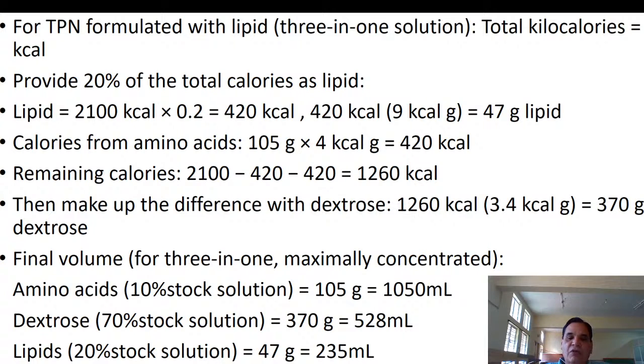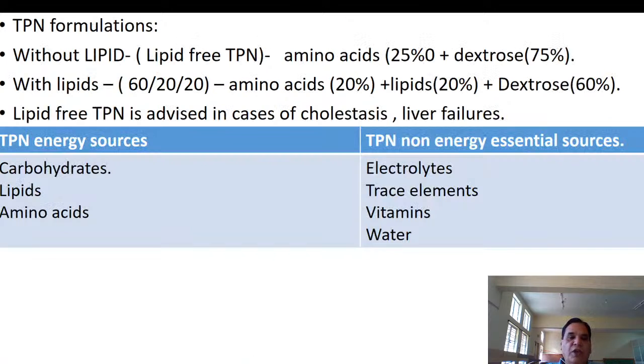Amino acids 105, dextrose 370, lipid 47. Total volume given is 1830 ml. Out of that, remember, dextrose is the major source of energy. Fat has the highest source of energy, approximately 11 grams. Amino acids are comparatively the same as dextrose. Dextrose gives 4 kilocalories per gram. Okay. So this is how it is.